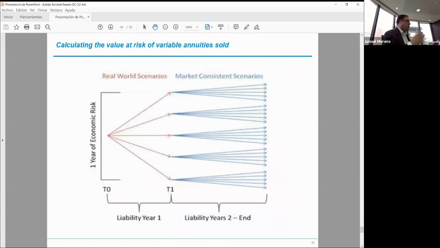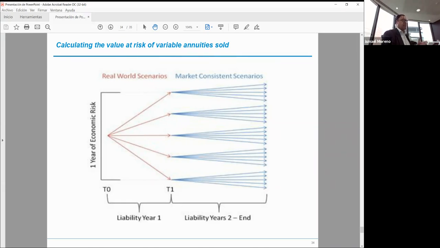And yes, a final thought, and I promise it's the final. Value at risk. For risk management purposes, you want to limit the losses that you might incur. And for building a value at risk, whenever you're talking about variable annuities, you need to go for nested models. And I'm sure that many of you might have heard this concept.